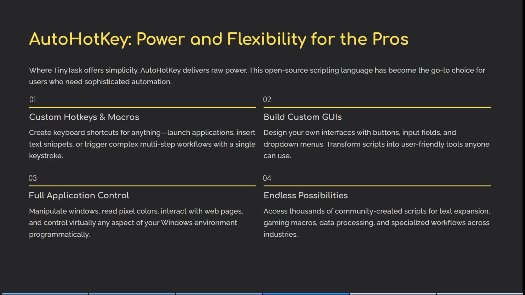The first thing is you can create keyboard shortcuts for literally anything. You can launch applications, insert text snippets, or trigger complex multi-step workflows with a single keystroke. You can design your own interfaces with buttons, input fields, and drop-down menus. You can transform scripts into user-friendly tools that literally anyone can use.